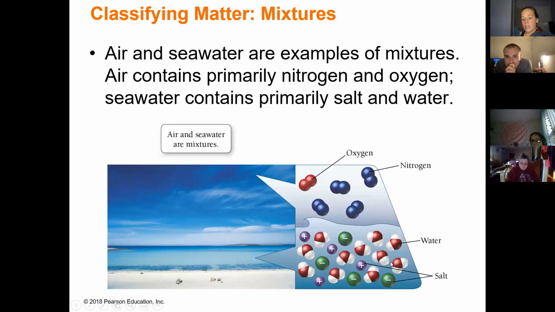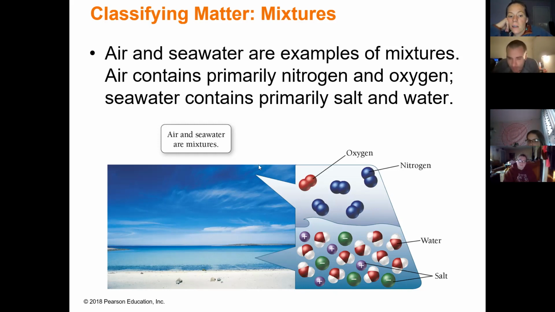Some examples of mixtures: we talked about salt water being a mixture. That's water with NaCl dissolved in it. The salinity of the water can change. We tend to have warmer, saltier water along the equator, right? More salt can be dissolved in there.